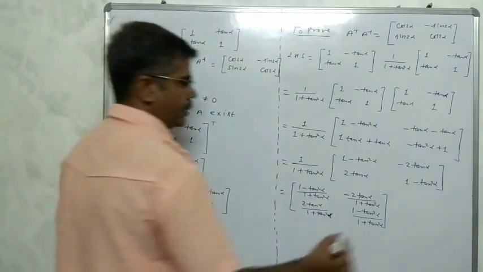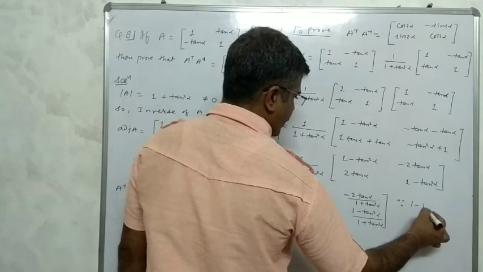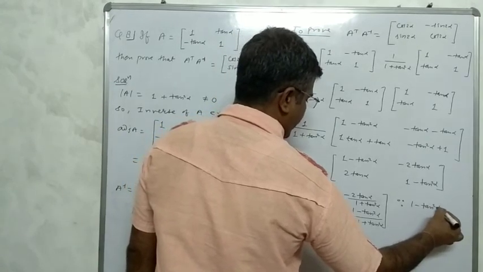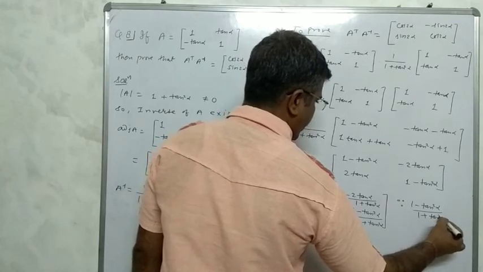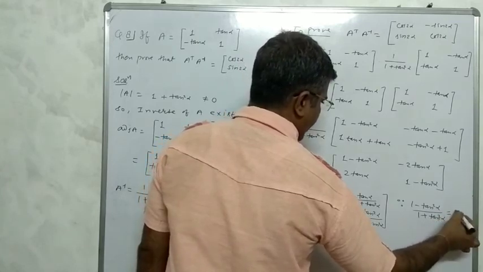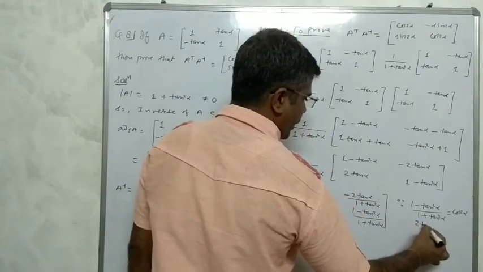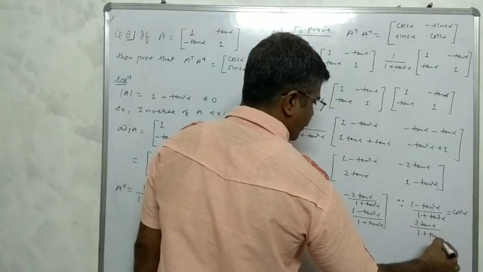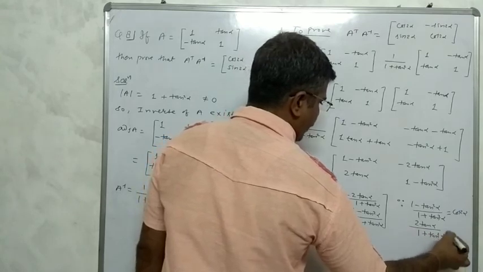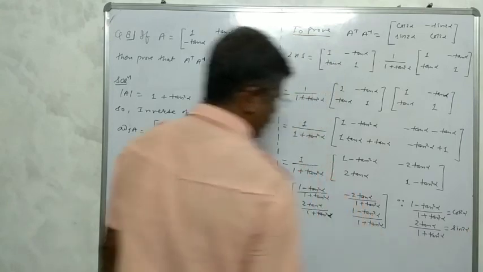We know that (1 minus tan square alpha) upon (1 plus tan square alpha) we write as cos 2 alpha, and 2 tan alpha upon 1 plus tan square alpha we write as sin 2 alpha.